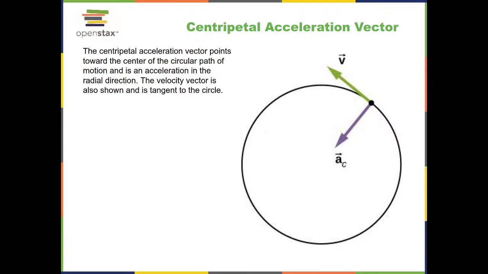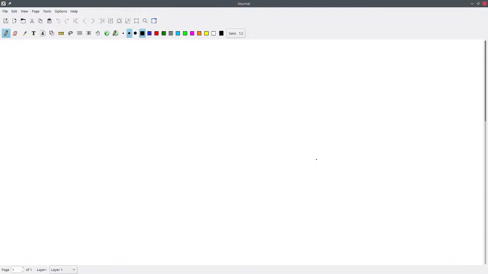And we derived the magnitude of that constant acceleration. In the case of uniform circular motion, we derived that the magnitude of this acceleration was v squared, the speed squared, over the radius.